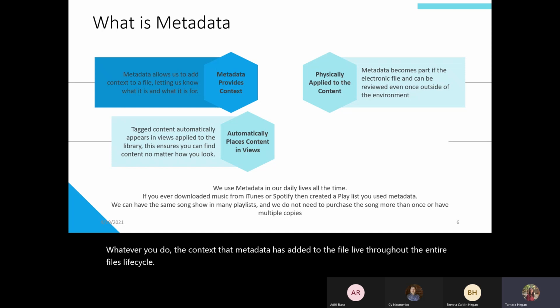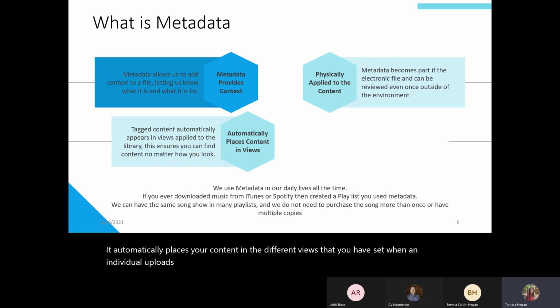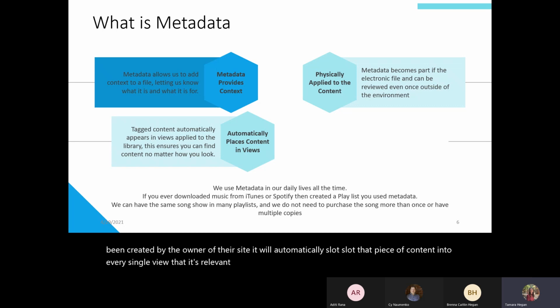It automatically places your content in the different views that you have set. When an individual uploads a file and tags it with the relevant metadata based on the fields that have been created by the owner of their site, it will automatically slot that piece of content into every single view that it's relevant to. I don't have duplicates.